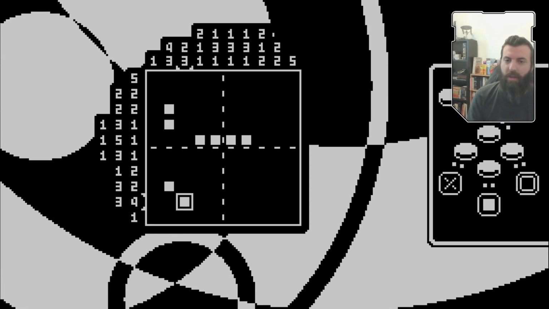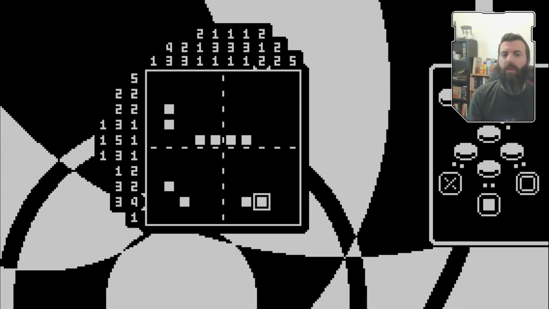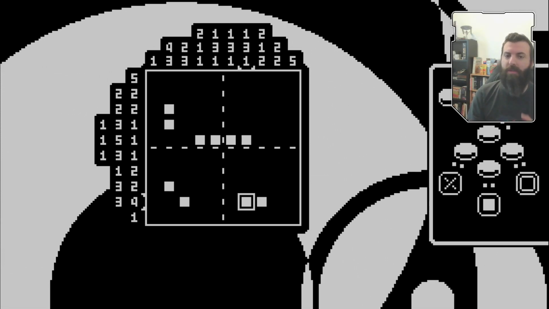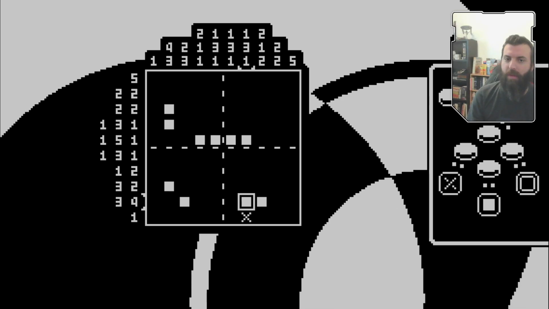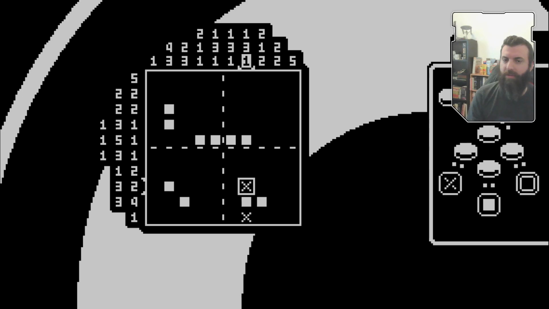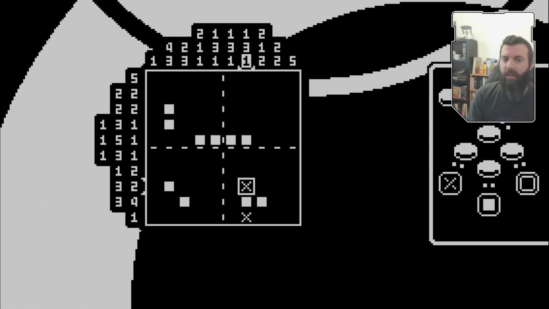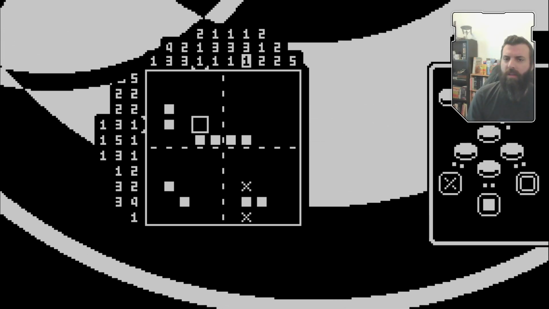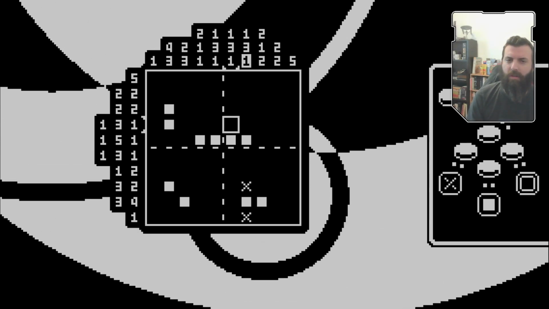Same story here. We know that these pixels, because this pixel is filled in, we know that there can't be anything here. A 1 pixel vertically. And something else we can do.